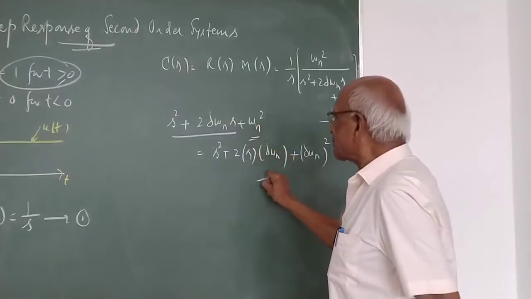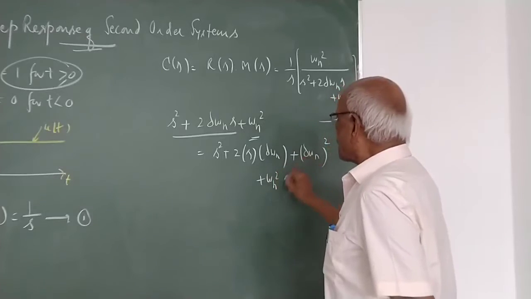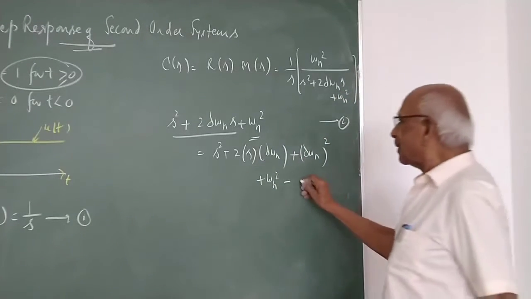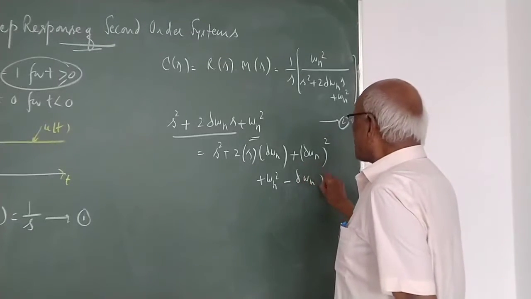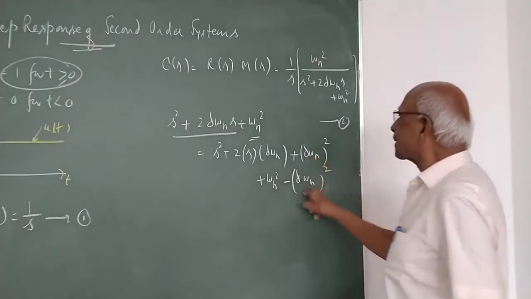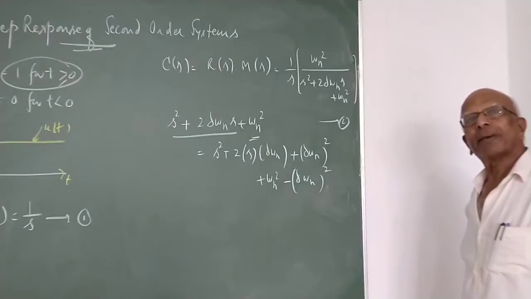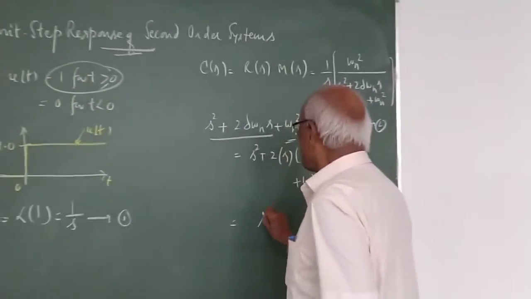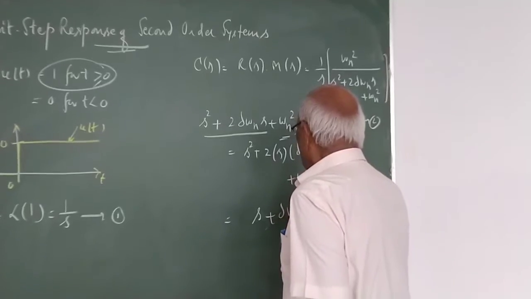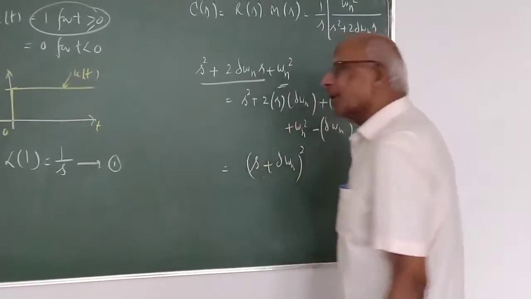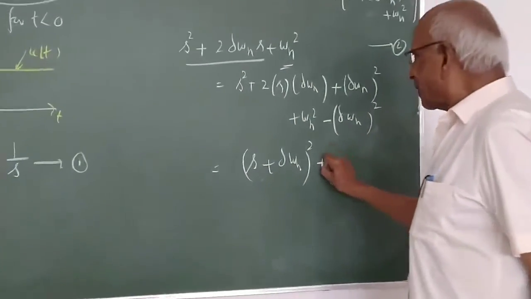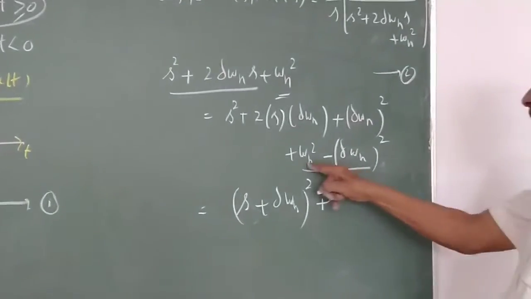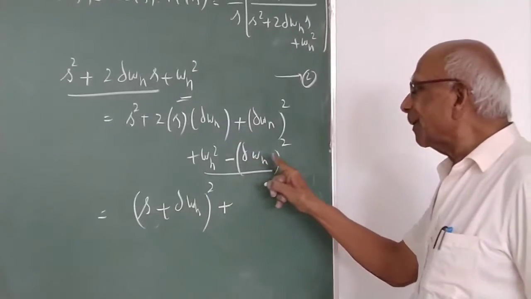Plus already there is omega n squared, but not to spoil the expression here, I will deduct. The mathematical language used here is add and subtract this part. But don't subtract now. The first three terms will give you s plus delta omega n whole square. Am I right? Plus this one, between these two, omega n squared minus delta squared omega n squared.